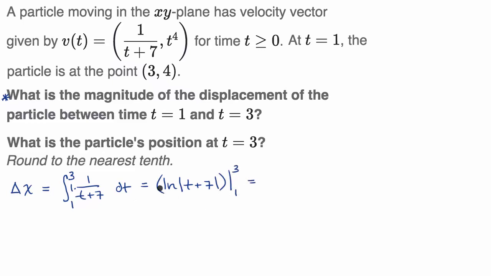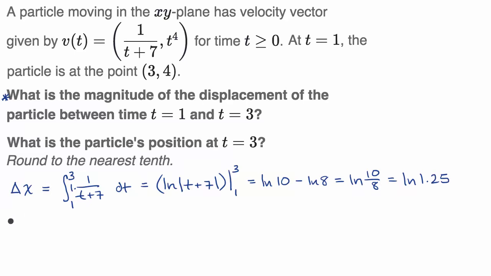So this is going to be natural log of the absolute value of 10, which is just the natural log of 10, minus the natural log of the absolute value of 8, which is just the natural log of 8, which is equal to the natural log of 10 over 8, just using our logarithm properties, which is equal to the natural log of 1.25. So I can get my calculator out in a second to calculate that.